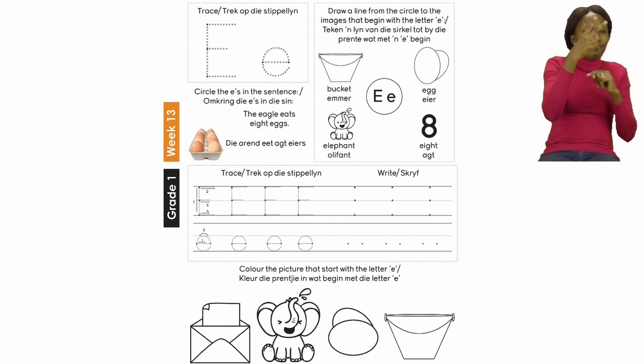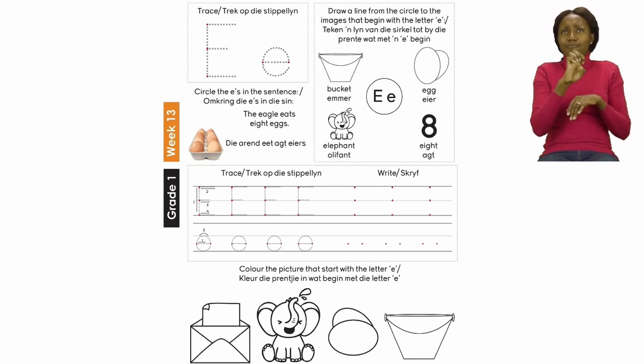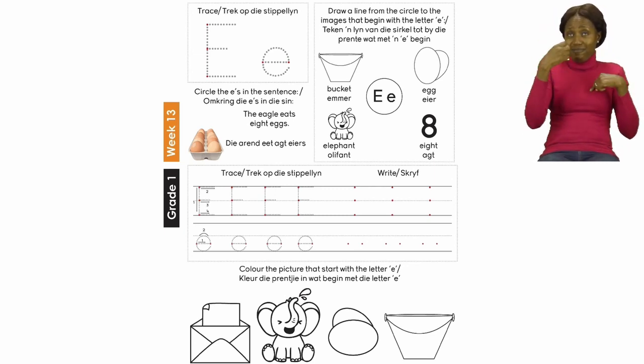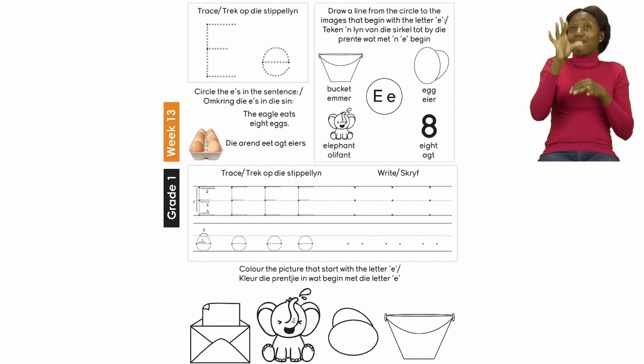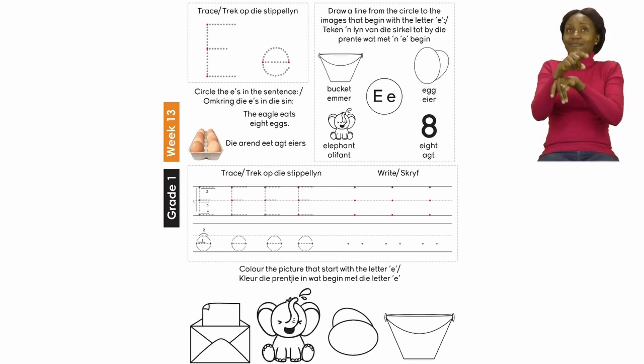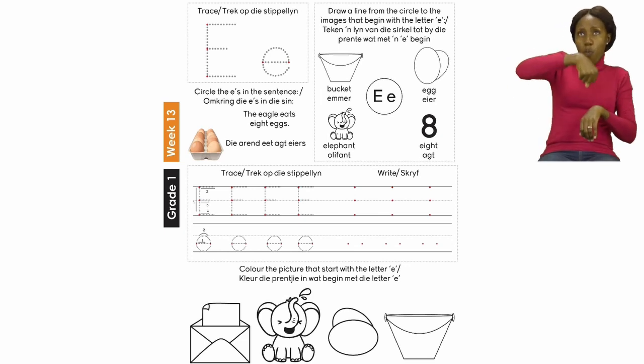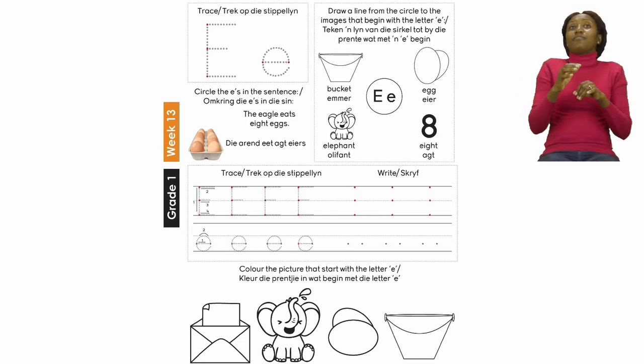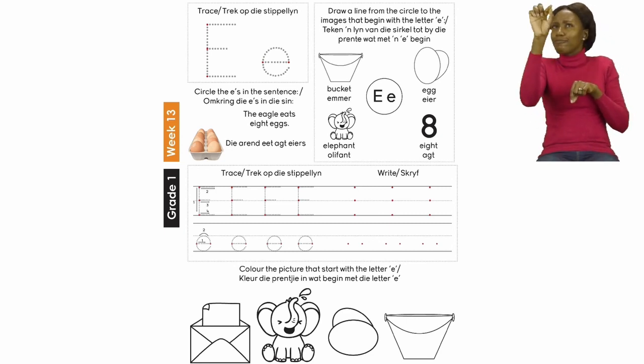We have those 4 things. We have an egg, 8, and elephant, and the last thing we have is a bucket. So you're only going to draw a line from the things you can see to our A sound.